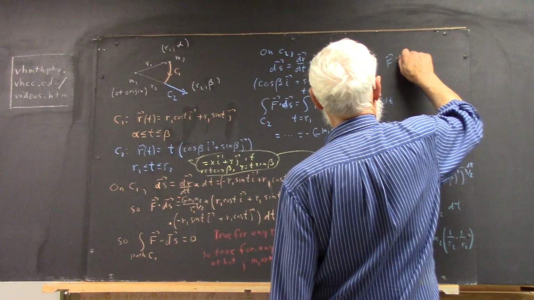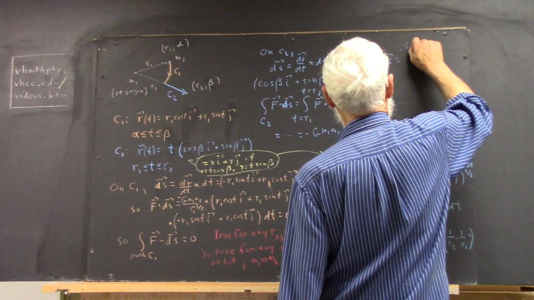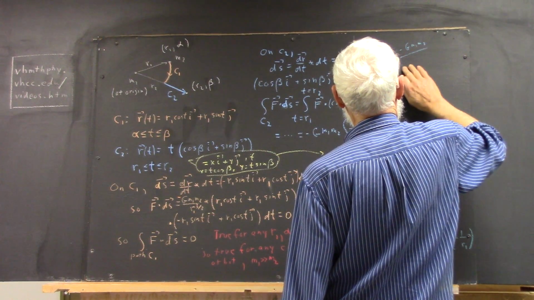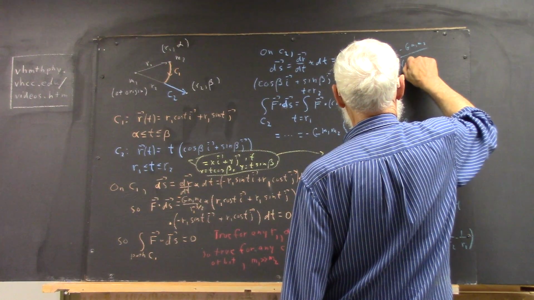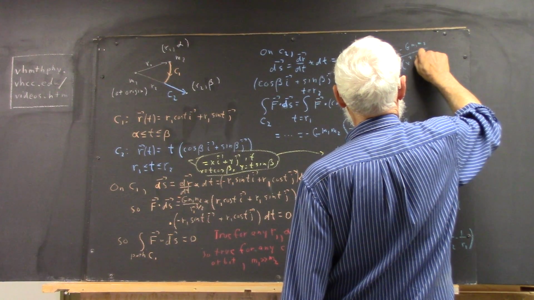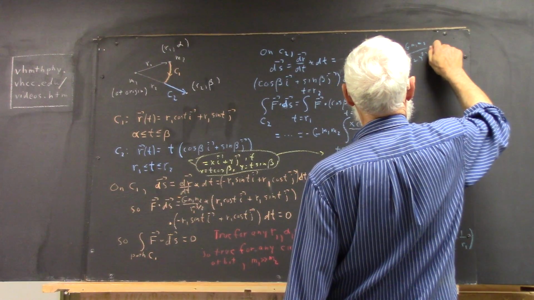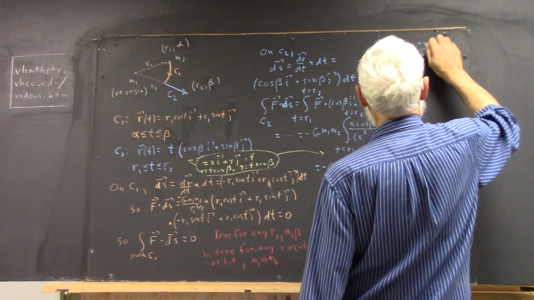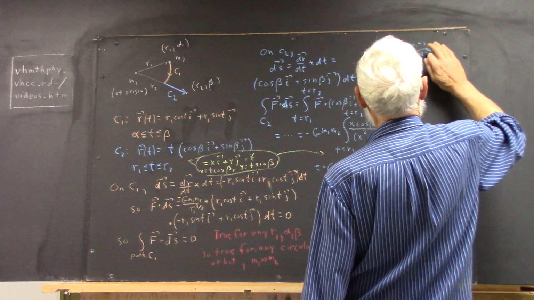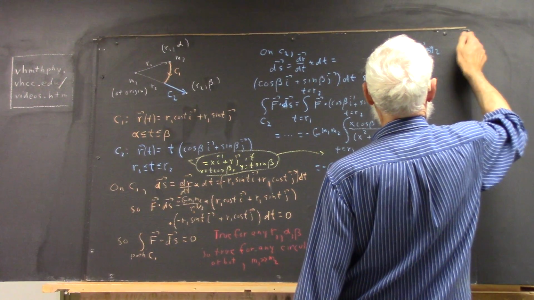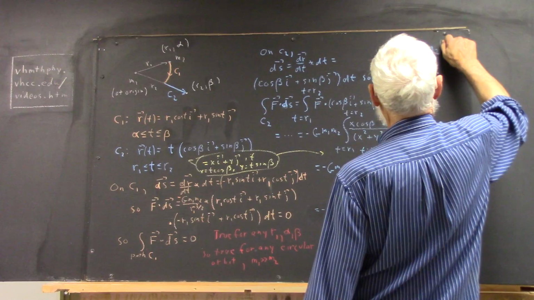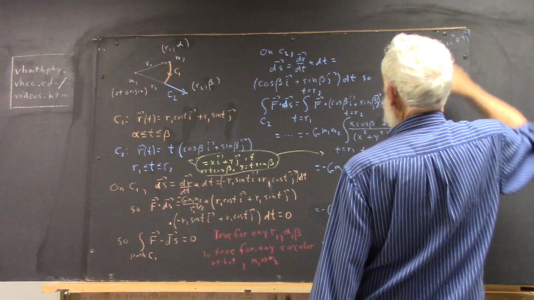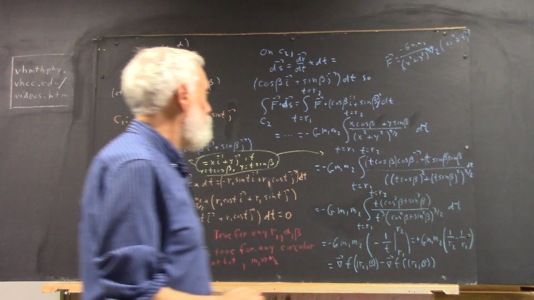But f is just negative G M1 M2 over quantity x squared plus y squared to the 3 halves, and now it's going to get hard to read because I'm writing over things. That's to 3 halves times your xi plus yj. Okay.